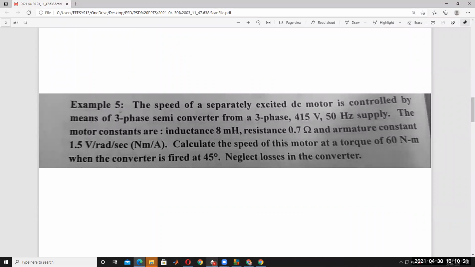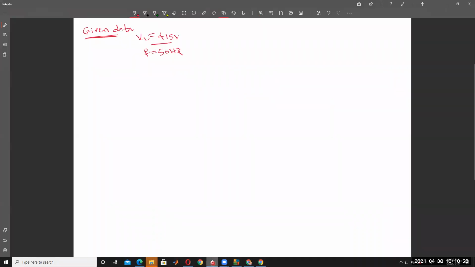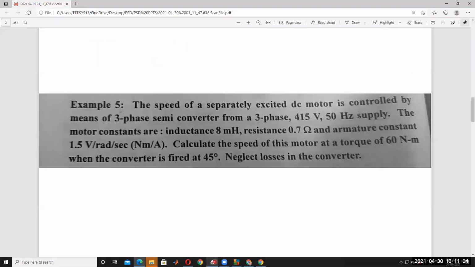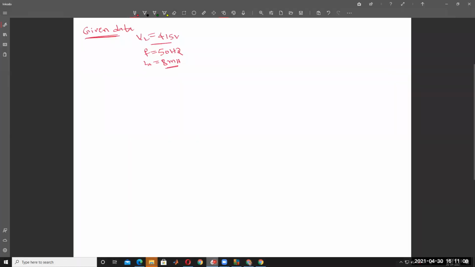The motor constants: inductance La is 8 millihenry. Actually, there is no use of this. Armature resistance Ra is 0.7 ohms, and the motor constant is also given.